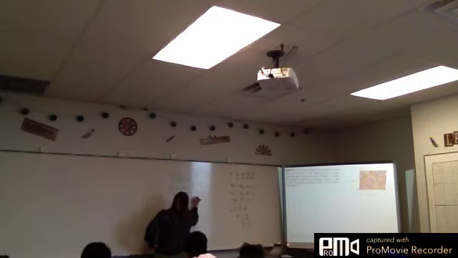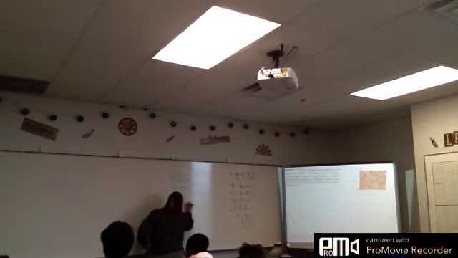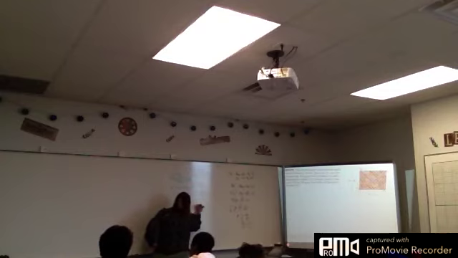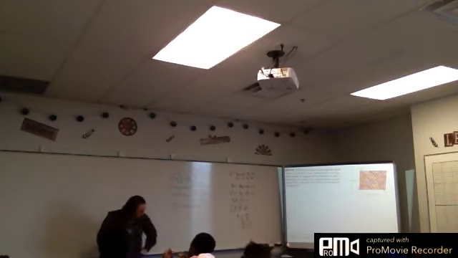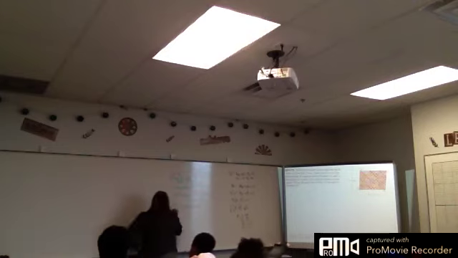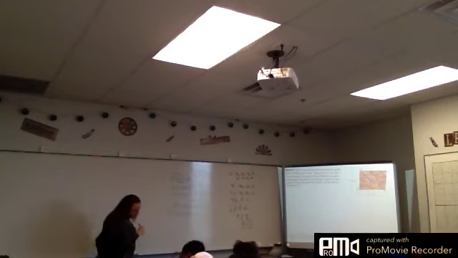Subtract 10, and now I have 4x squared plus 18x plus 10 equals 0. Is there something I can factor out of all those to make my life easier? 2. I can divide all this by 2, so then you get 2x squared plus 9x plus 5 equals 0.